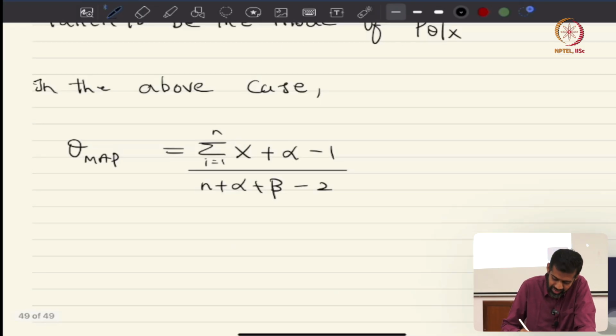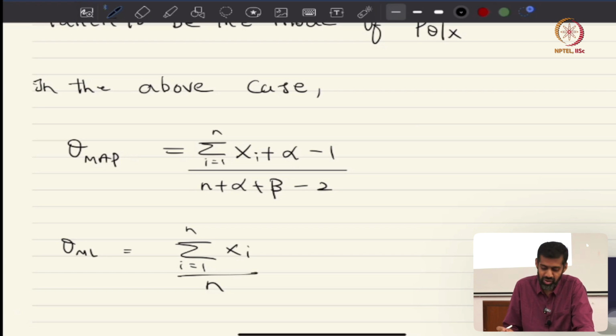What was the ML estimate? There is an x_i here. So this was the ML estimate. Now for n tending to infinity, what will happen? What would be the difference between the ML estimate and the MAP estimate? They will be the same.